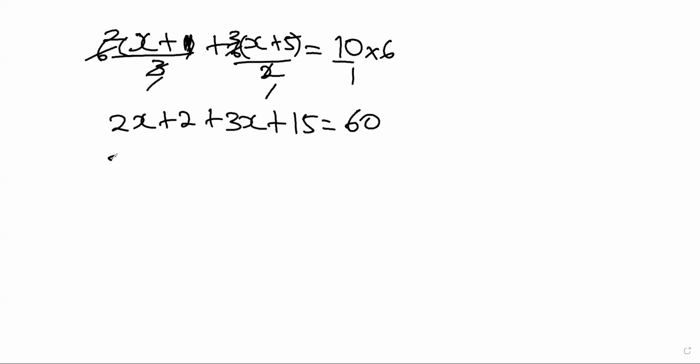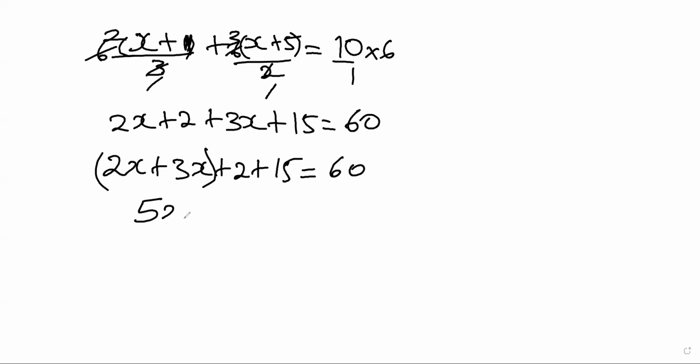And then we group the like terms. So it will be 2x plus 3x plus 2 plus 15 equals 60. Now that we group them, we can add. That will give us 5x, 2 plus 15 is 17, equals 60.